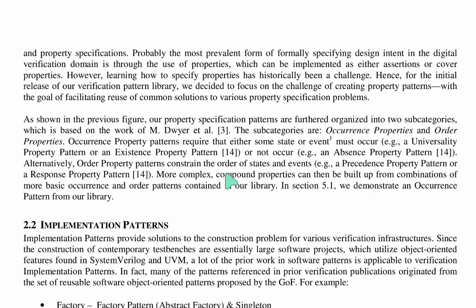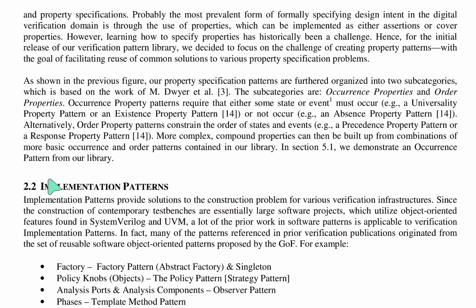More complex and compound properties can be built up from the combination of more basic occurrence and order patterns contained in our library. In section 5.1, we demonstrate the occurrence patterns from our library.